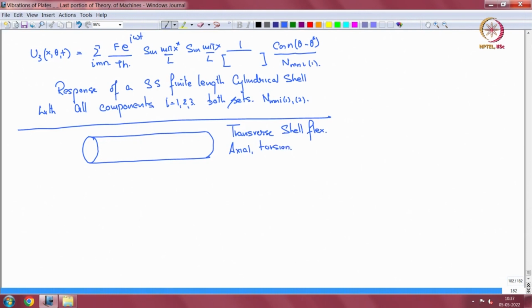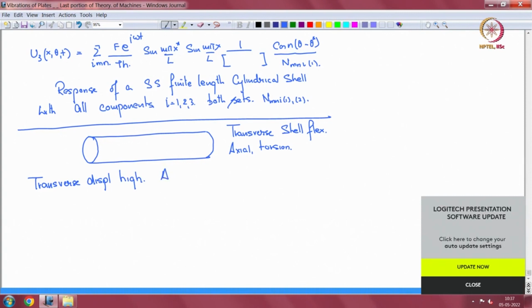So transverse displacements are high. And the other two directions can be ignored.